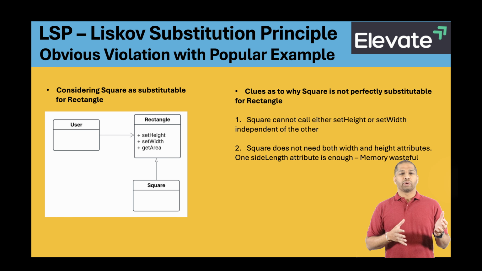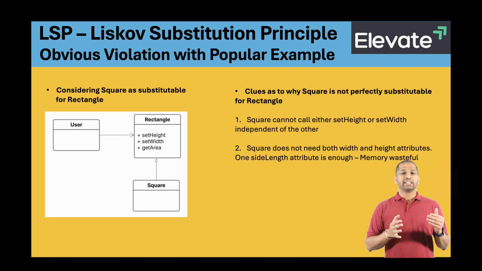Then actually a square does not need both width and height attributes. Just one attribute like side length is enough for the square because all four sides are equal length. So in a way, this is memory wasteful. But you might say just one extra attribute cannot harm a lot. Yes, that is true. But let's assume something like a CAD application where everything is derived or displayed as rectangles and squares.